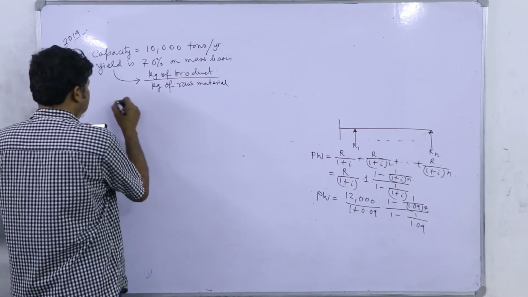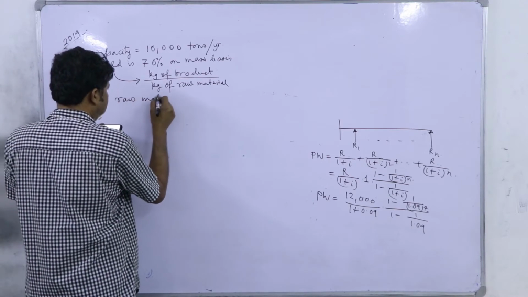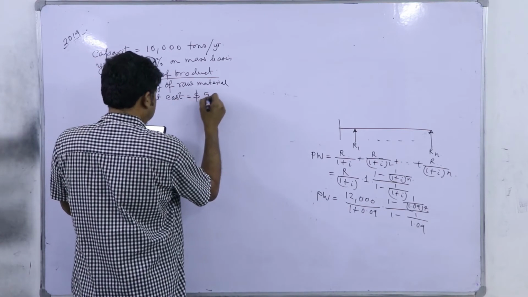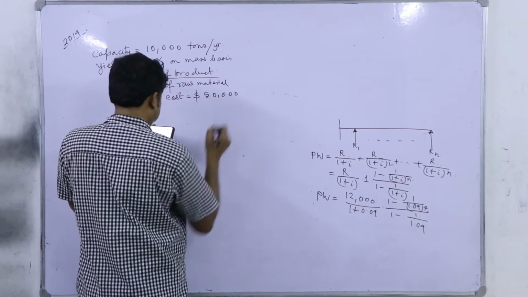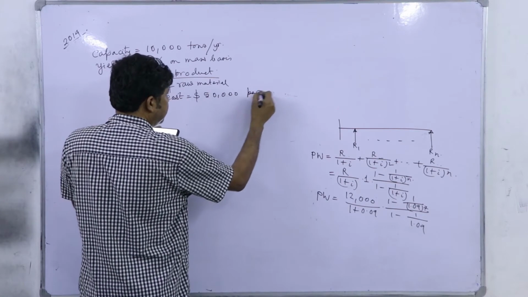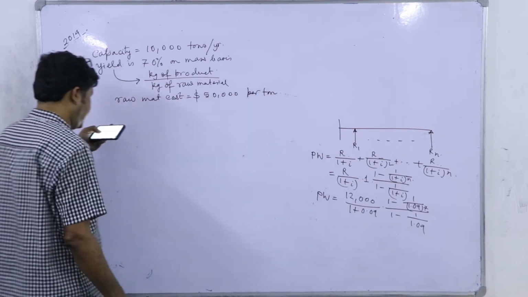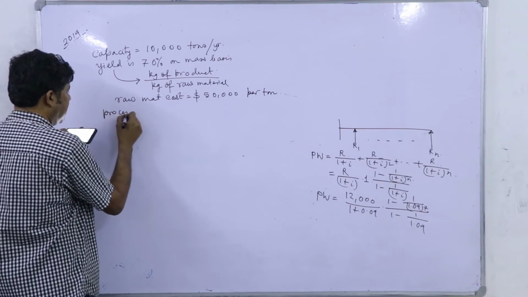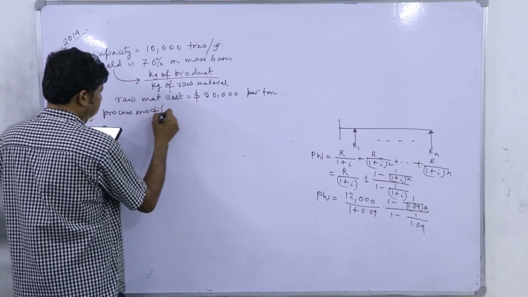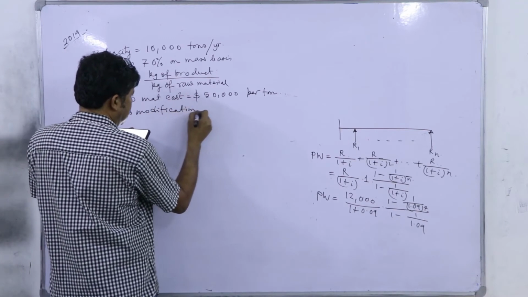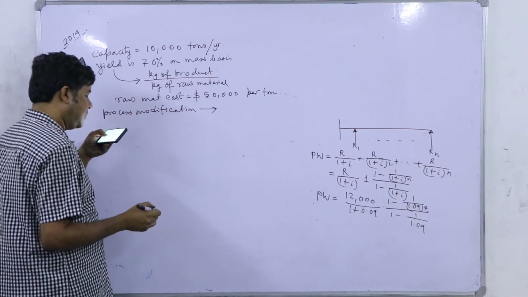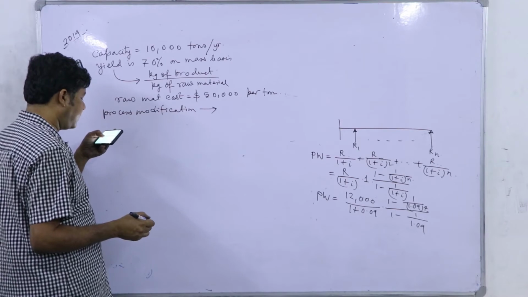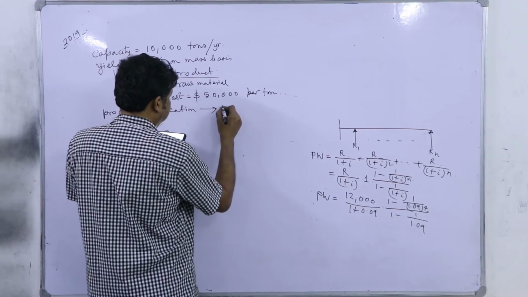The raw material cost is $50,000 per ton. A process modification is proposed which increases the overall yield to 75% with an investment of 12.5 crore.